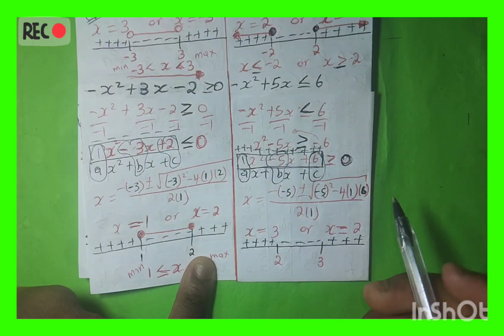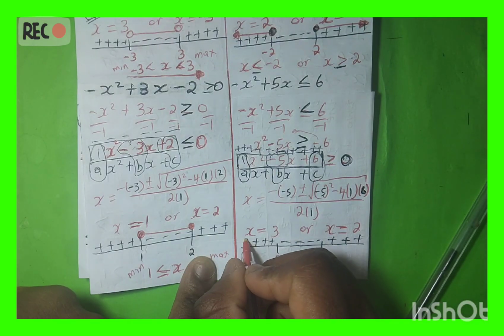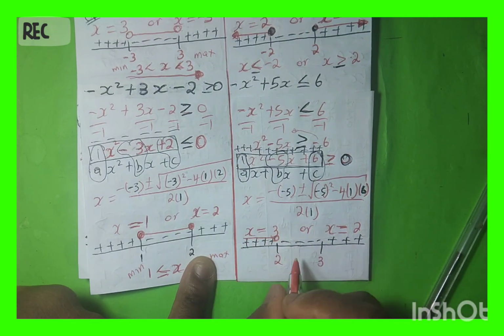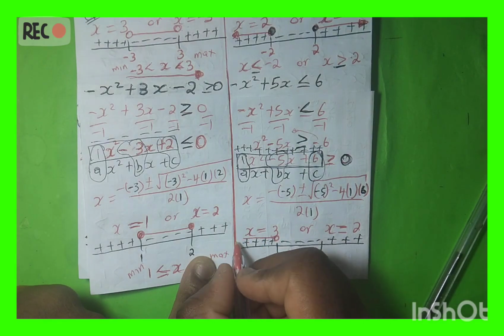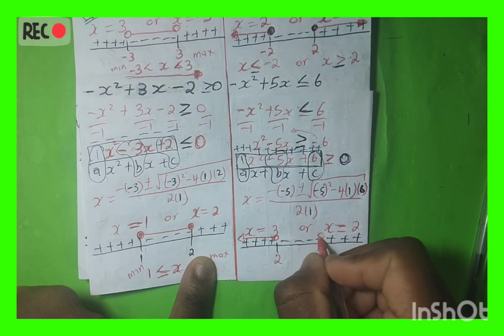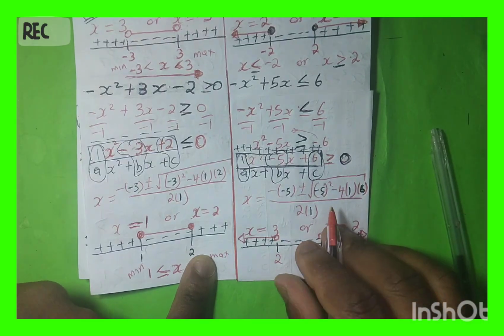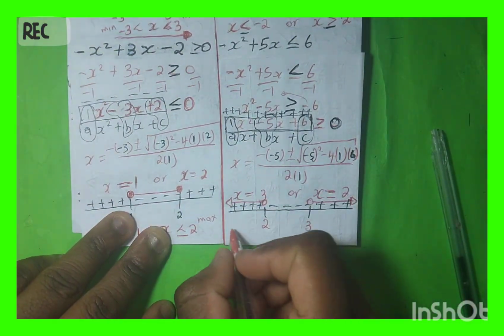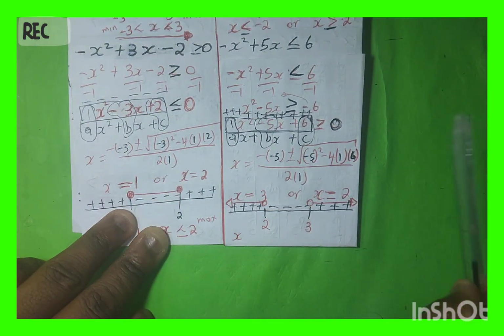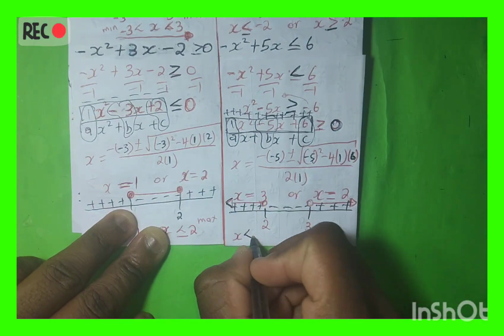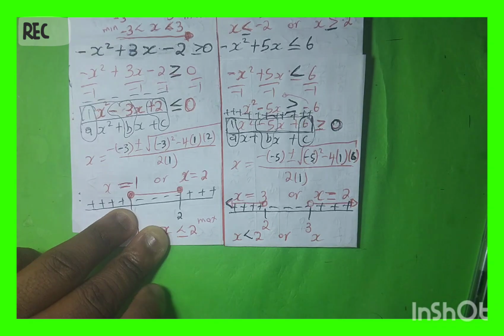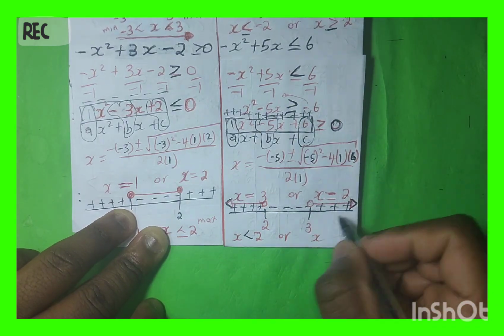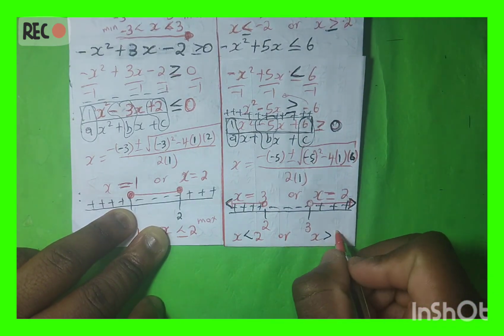If that equation is positive, it means that these are the values of x that will be included, starting from here moving that side, and starting from here moving that side. So for the final answer, I can say x, I go with the arrow, then I just say 2. Then I'll say or x, then I go with that arrow, and here I'll just write 3.